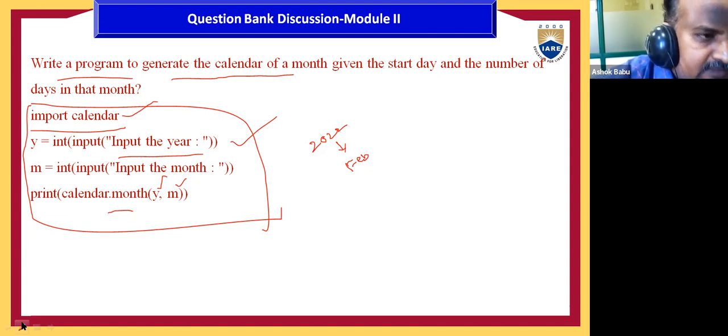We just need to import the calendar. After importing the calendar, we have to give two inputs. One is the year, another one is the month. For the two inputs, we need to print the calendar.